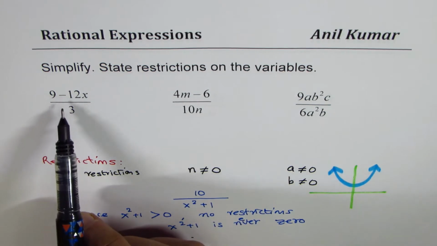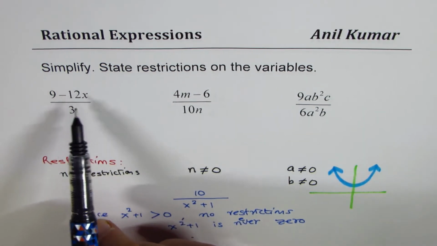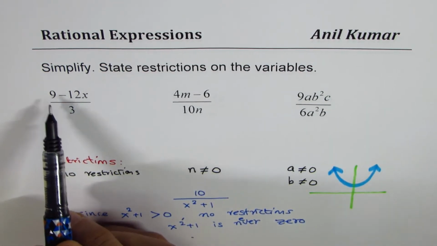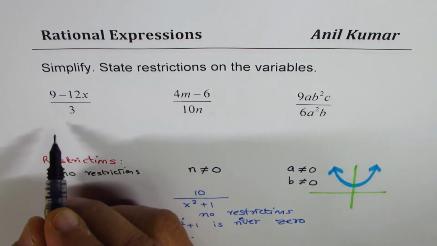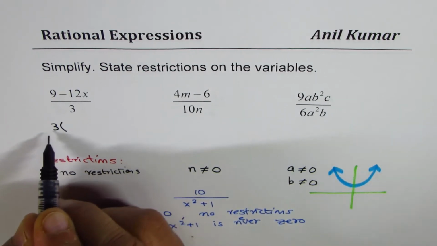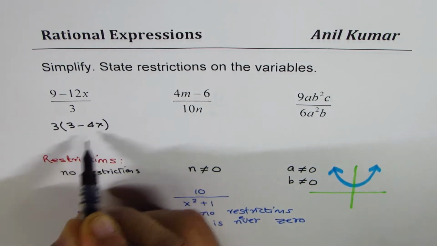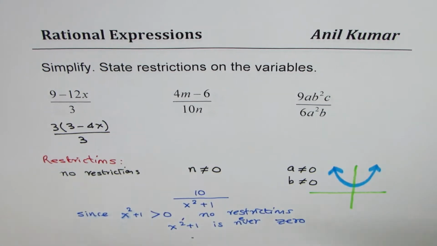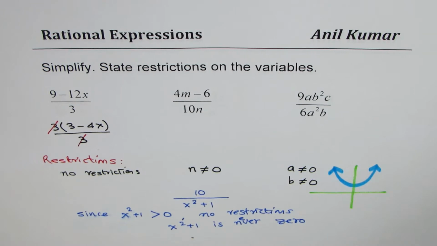Now let's talk about simplifying them. Simplify really means to factor and then cancel out common factors. In 9 minus 12x, we can factor out 3. 3 is a common factor, right? So we could take 3 outside and write this as 3 times (3 minus 4x) divided by 3. Once you have common factors and they are the same, they can be canceled out.